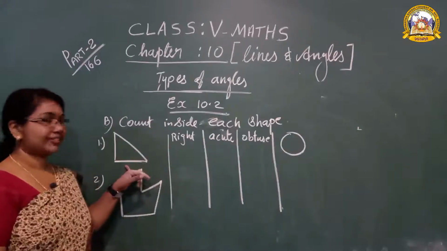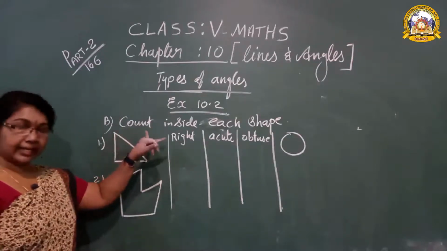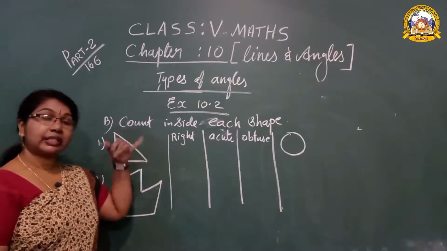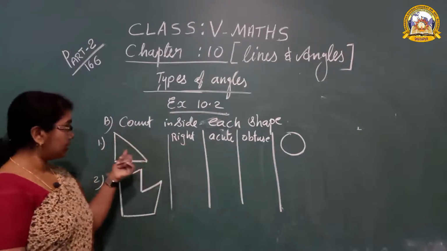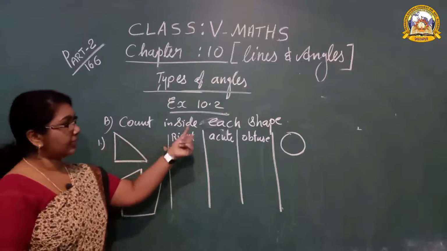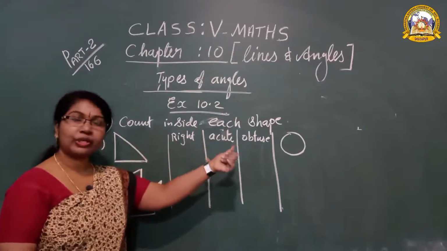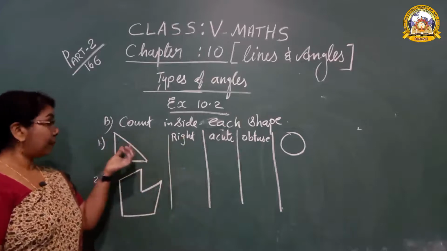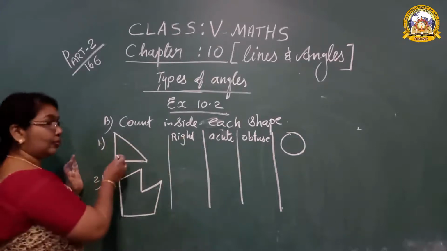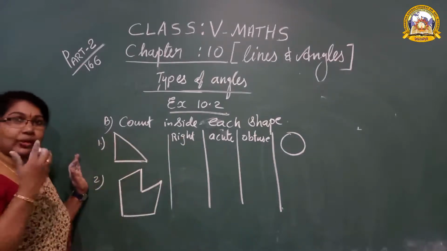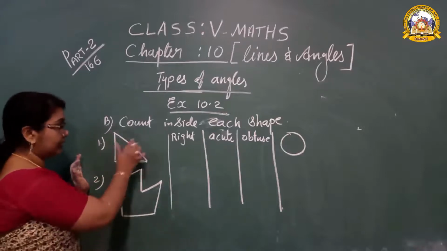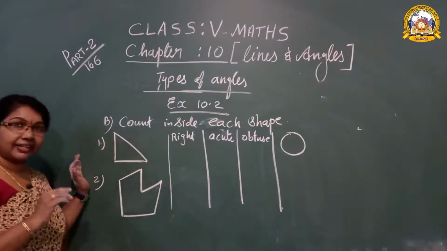So second question, students, count the angles and write the number in this figure, how many right angles, how many acute angle, how many obtuse angle you have to count, but inside the shape. Already in circles lesson I told you what is inside. These are inside, this is outside, interior and exterior.